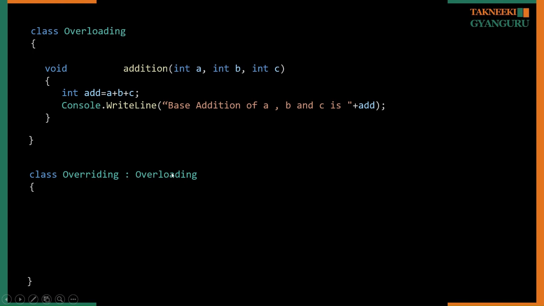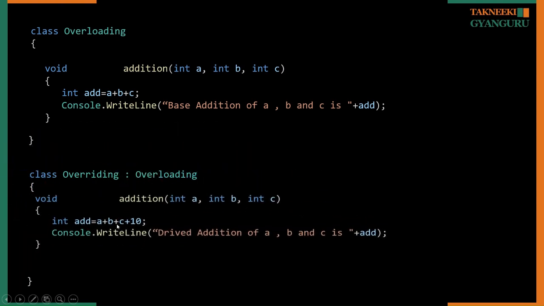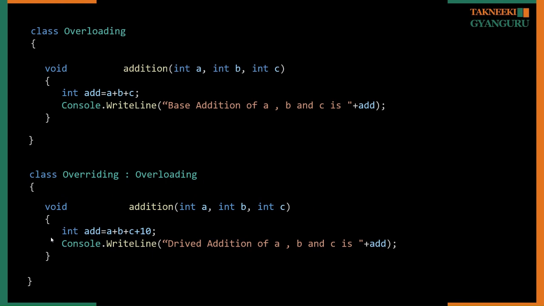You see how we inherit. The syntax is class, our new class name, overriding, and colon, the base class name, right? Here we are just inheriting this method. Now we are creating another method with the same name, and the parameters are also the same, int a, int b, int c.